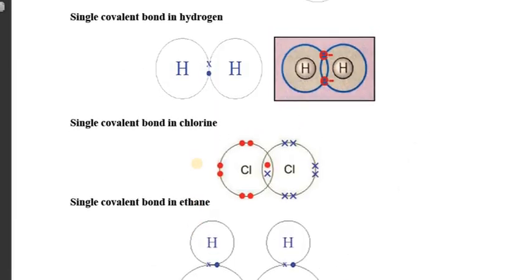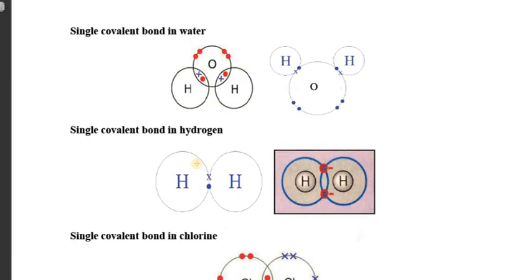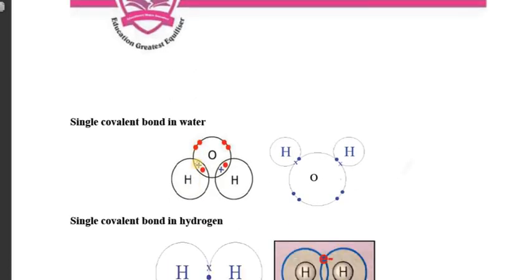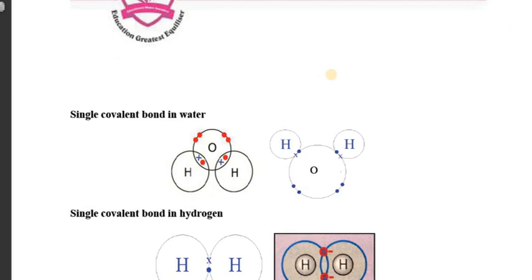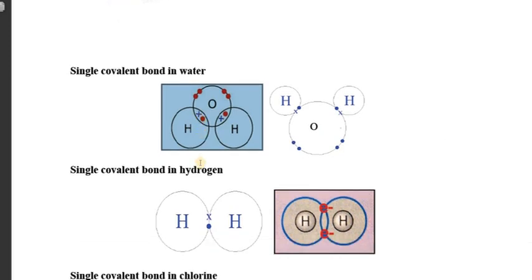Right? Now this one on this page is water, and they are single covalent bonds, because only 2 electrons are being shared. If you look at water here, the blue cross and the red dot represent single covalent bonds.